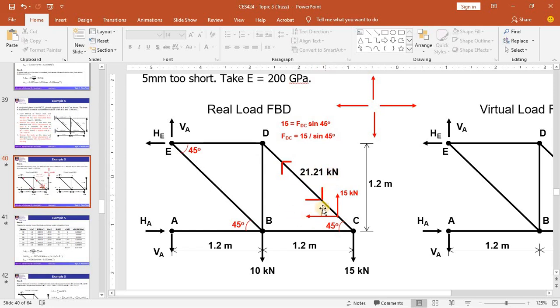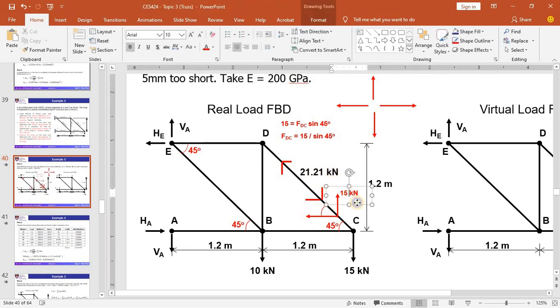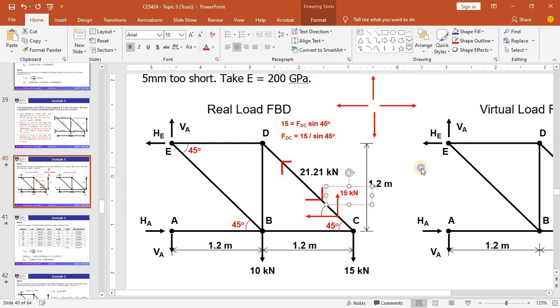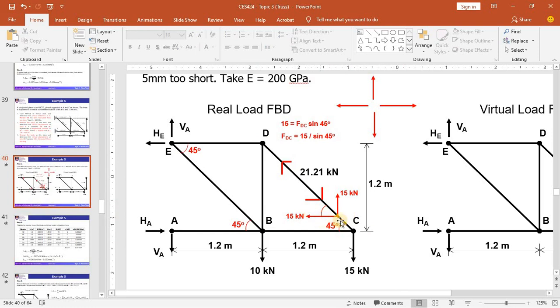So actually, you will get the horizontal component of the resultant force of DC equal to 15 kilonewtons as well. So we have calculated the horizontal component of 15 kilonewtons, which is to the left.